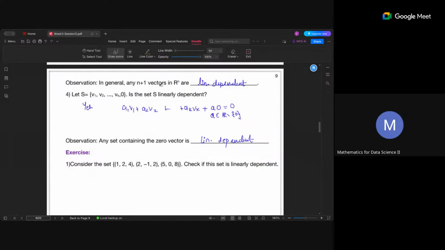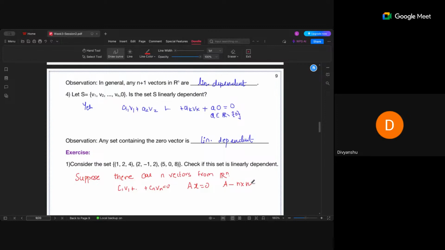Whenever you have n vectors from Rn, what is the system you will get by considering c1 v1 plus etc. cn vn equal to 0? You are going to get a system Ax equal to 0 where A is an n by n matrix.